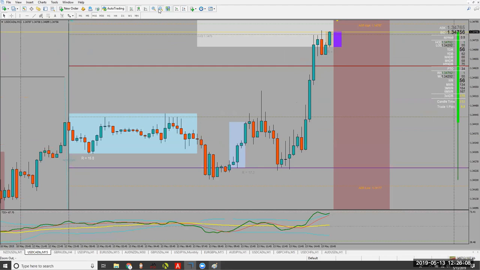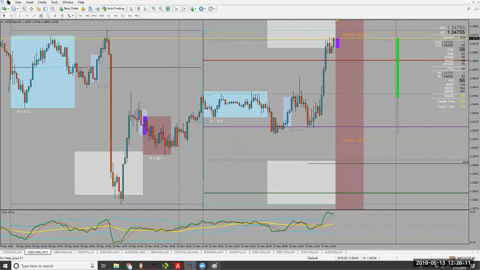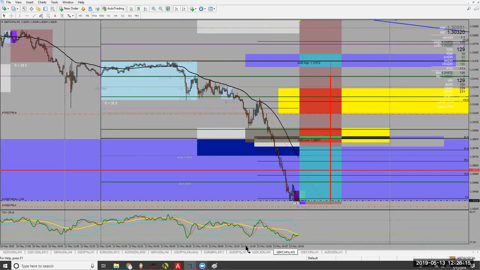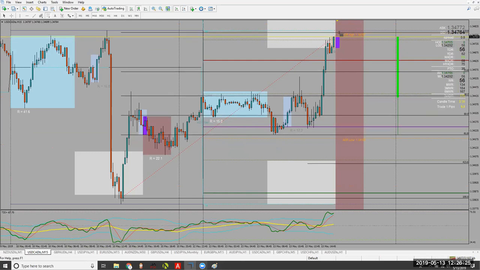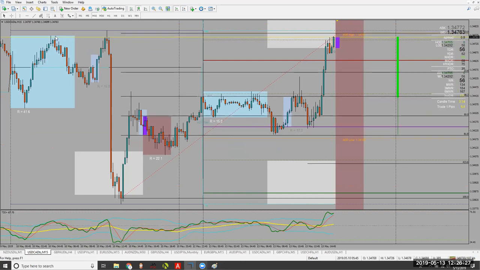All right, now we see here we're headed up here to the ADR high, and we're headed up here to where we're in the stop hunt zone. We're in our stop hunt buy zone area. All right, stop hunt sell zone area. Actually, I'm sorry. That would be right in here.